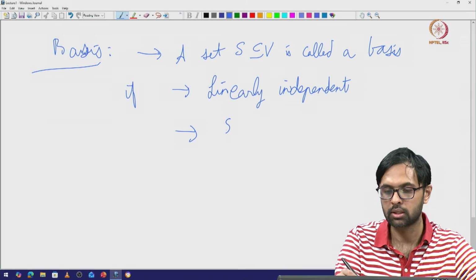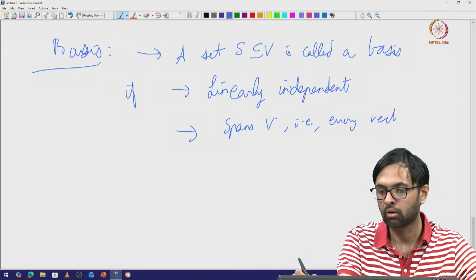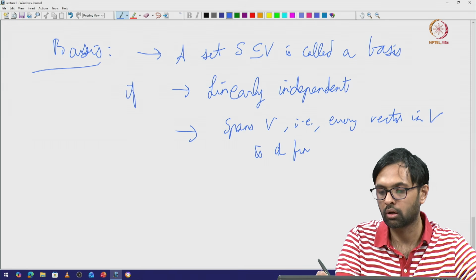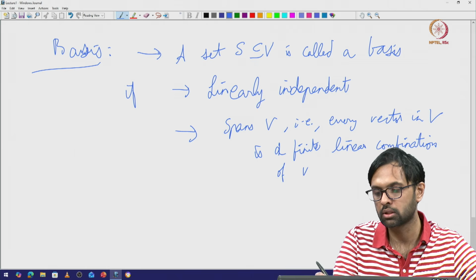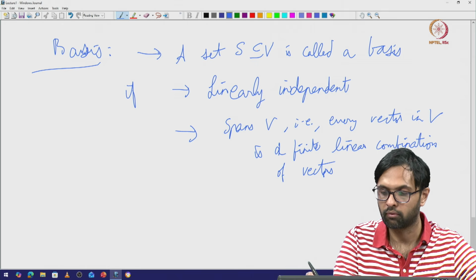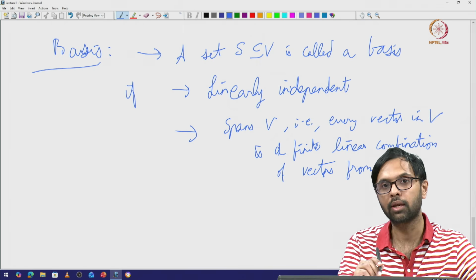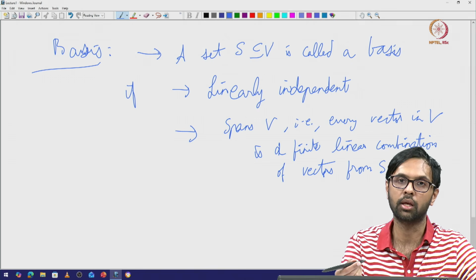Secondly, it spans V. That is, every vector in V is a finite linear combination of vectors from S. Basically, every vector can be written using these vectors, and these vectors themselves are linearly independent.